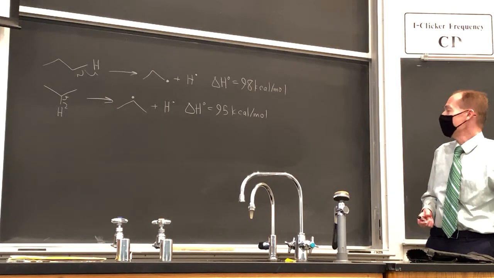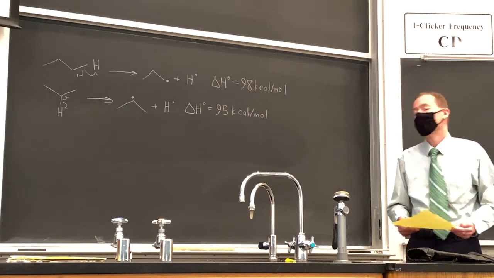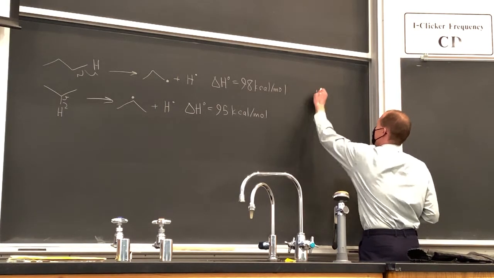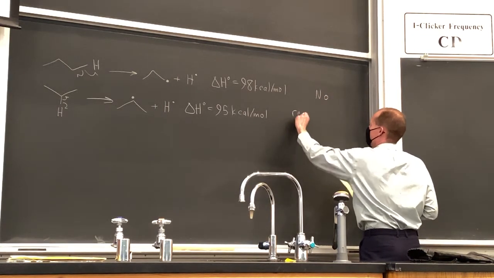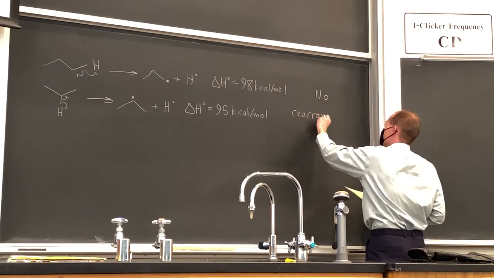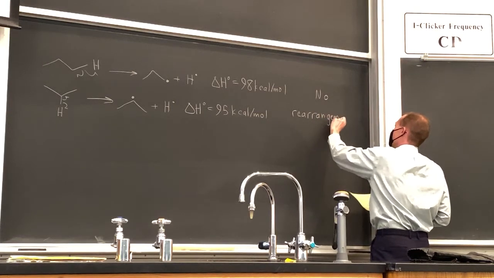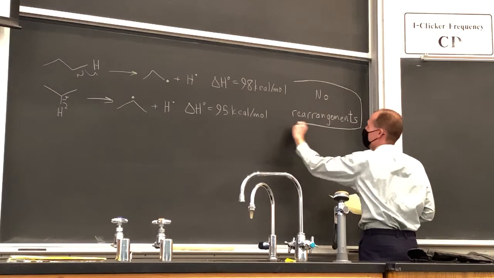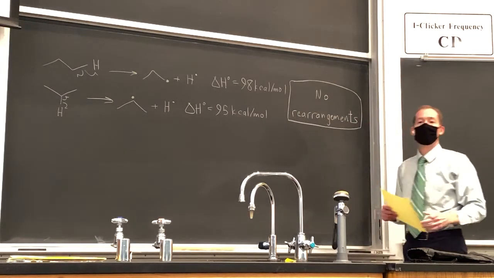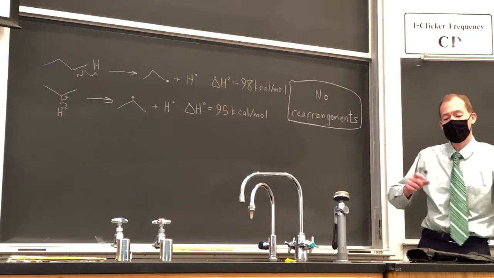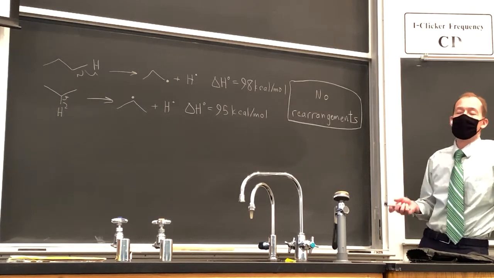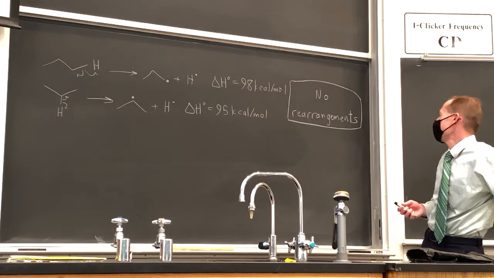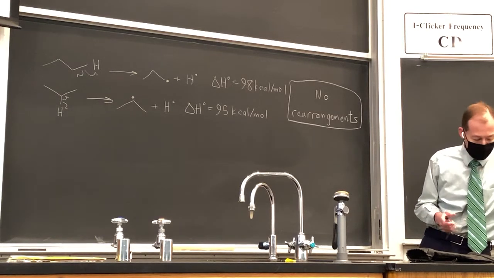Okay, there is a key difference between radicals and carbocations, and you'll probably be happy about this. No rearrangements. Whenever we have a carbocation intermediate, we're always looking for the possibility of a rearrangement, an alkyl shift or a hydride shift from one of the adjacent carbons. That does not happen with radicals.